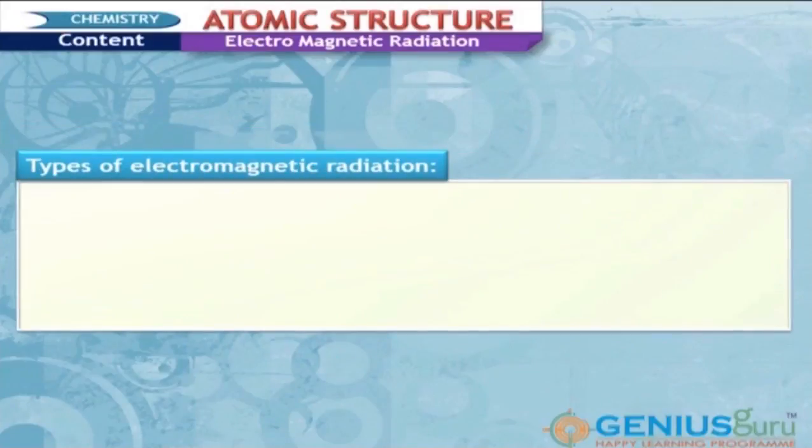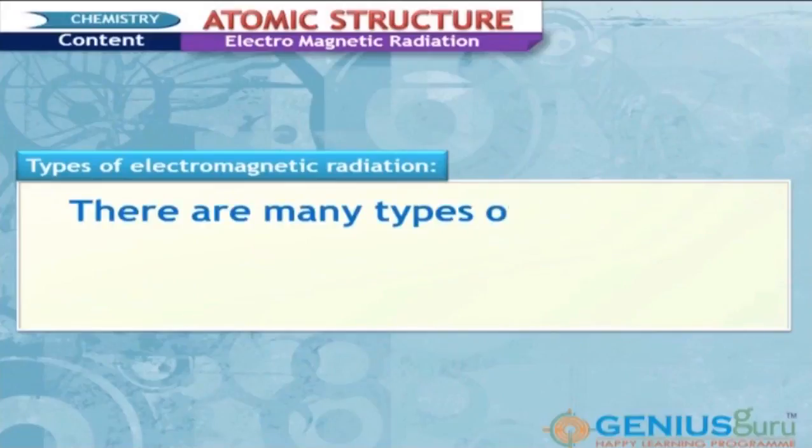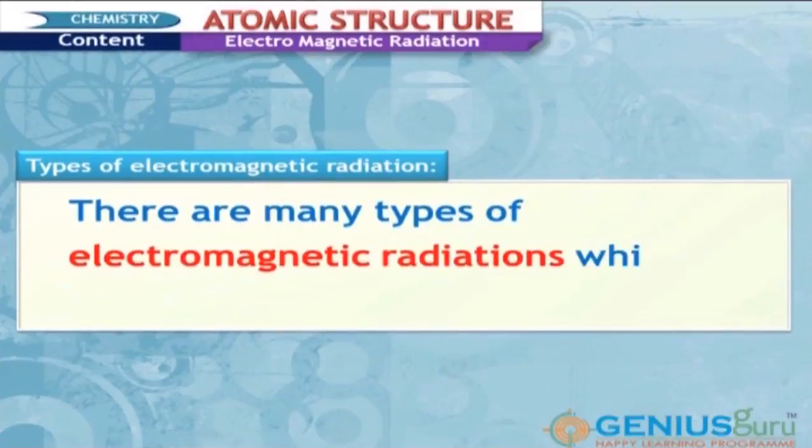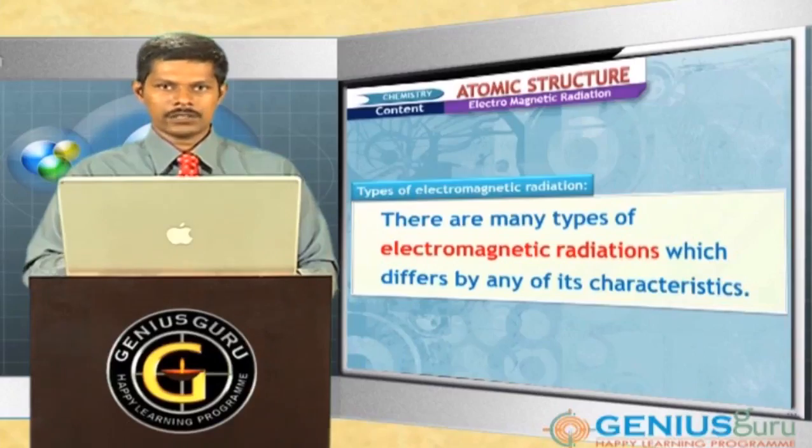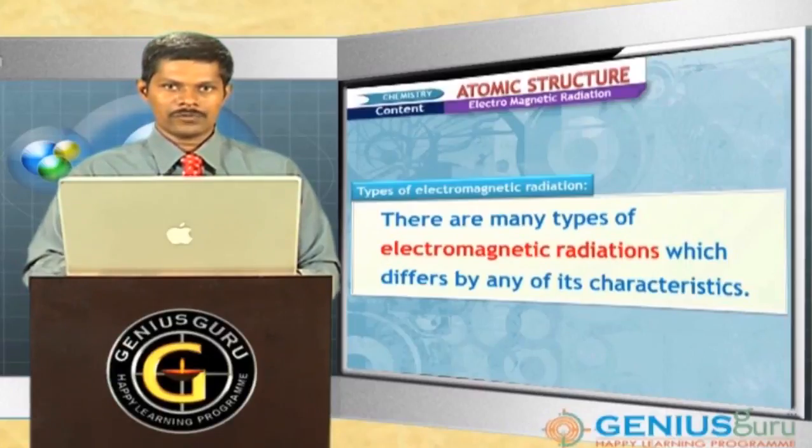Now, let us discuss the types of electromagnetic radiations. There are many types of electromagnetic radiations which differ by any of their characteristics. Based on the characteristics we have discussed so far, we can split the electromagnetic radiations into a number of types.